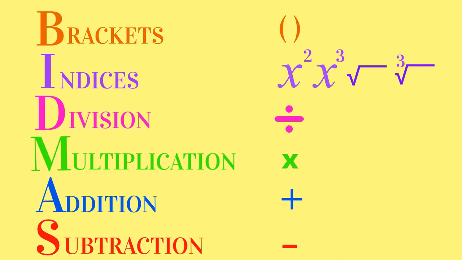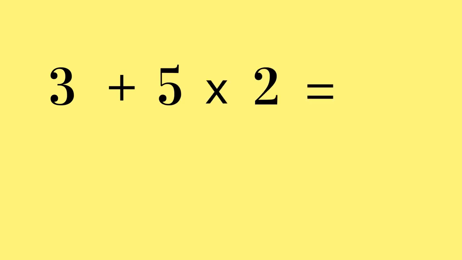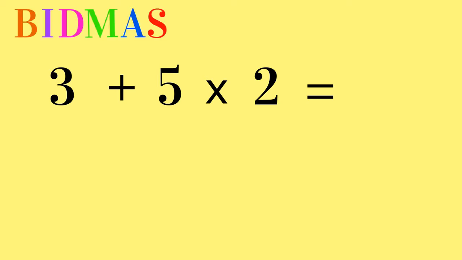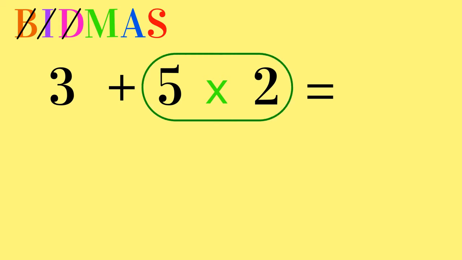Using this method, let's have another go at 3 plus 5 multiplied by 2. Following the order of BIDMAS, we note that there are no brackets or indices in this calculation. There is also no division, so the first thing we need to do is the multiplication. 5 multiplied by 2 is 10, so this leaves us with 3 plus 10.